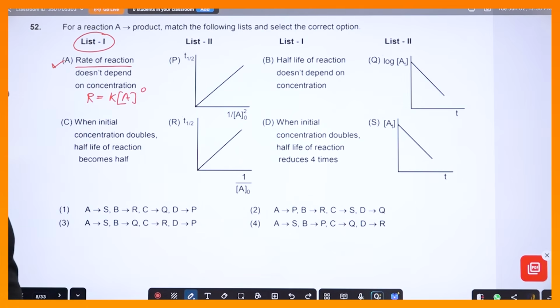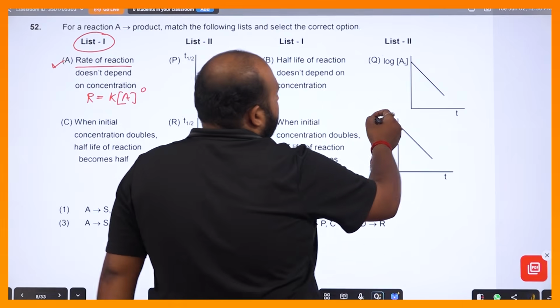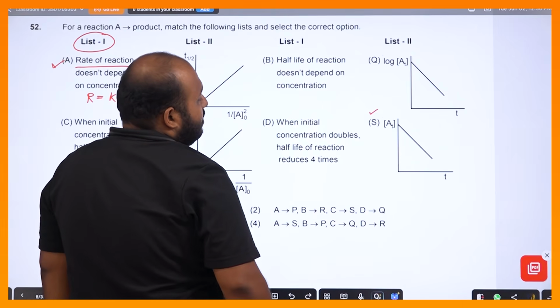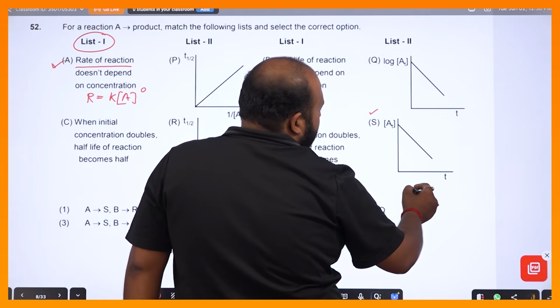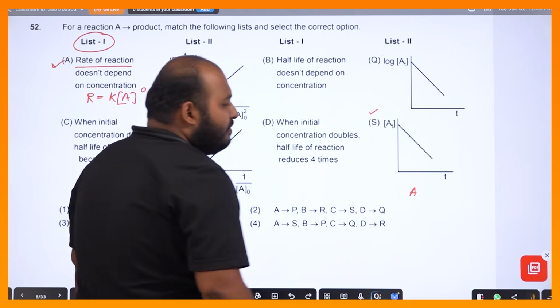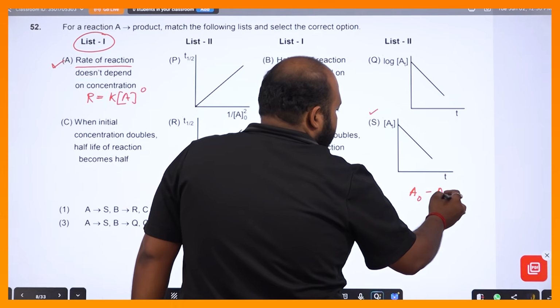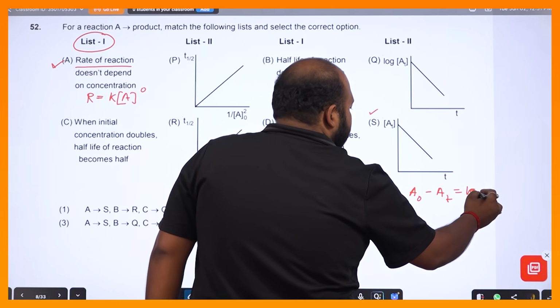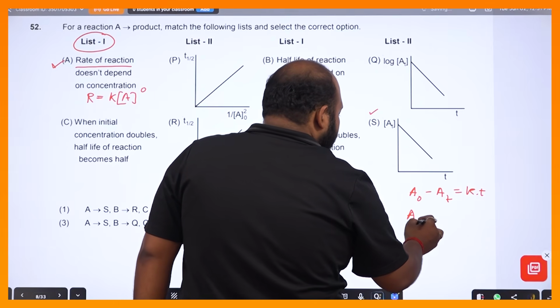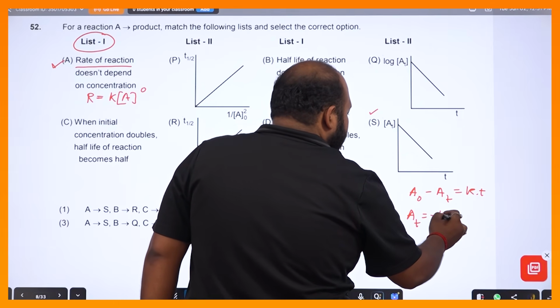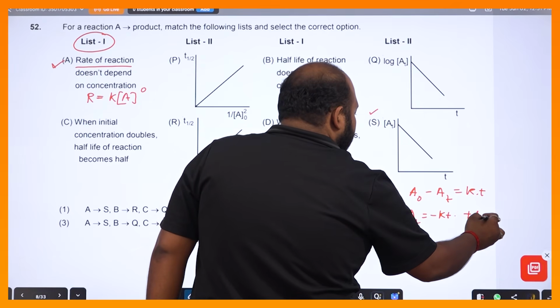So if you check out the option C here, S here, in this case we know the equation for a 0 order reaction is A naught minus At equals to Kt. So At is equals to minus Kt plus A naught.